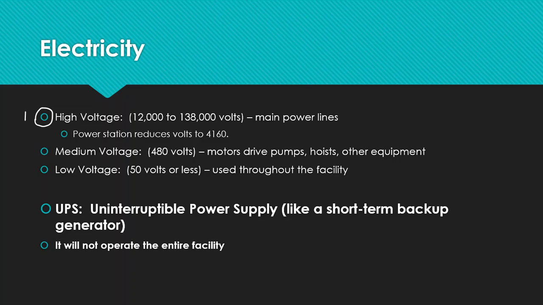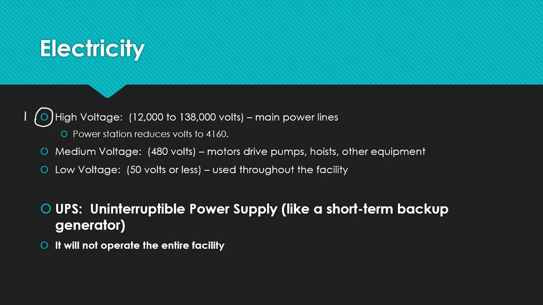So high voltage is nothing that we're too concerned with, because these are normally handled by the power companies, not by biomanufacturing facilities, and not even by locations like the college, which don't need that much.